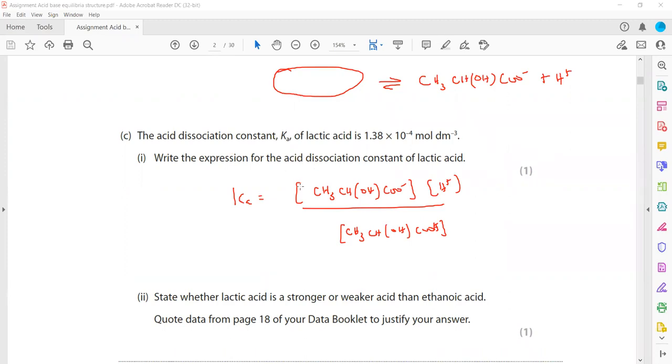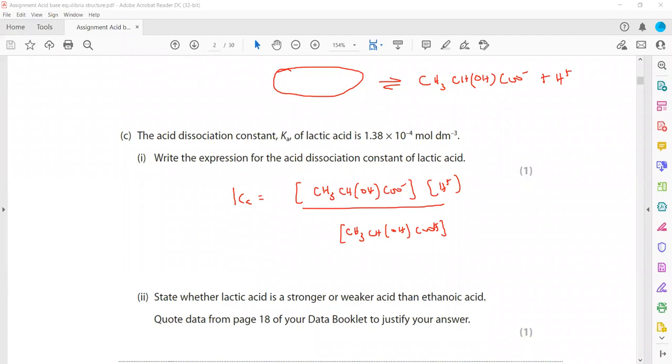Then state whether lactic acid is a stronger or weaker acid than ethanoic acid. How do we work out whether it's a strong acid or a weak acid? For this, you have to use a data booklet and identify the value of the dissociation constant Ka.